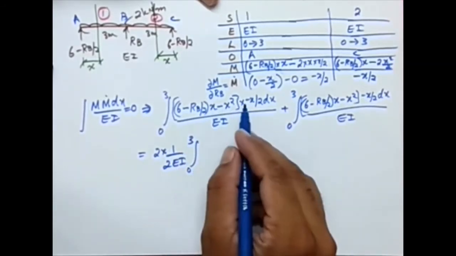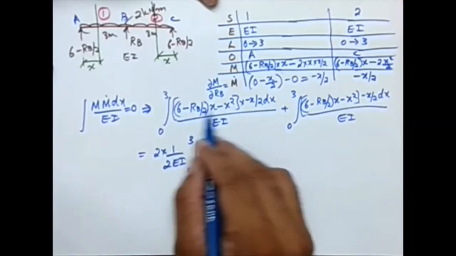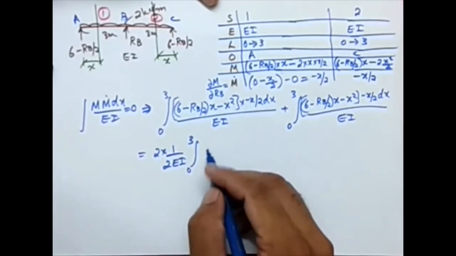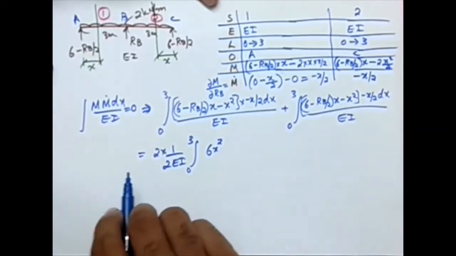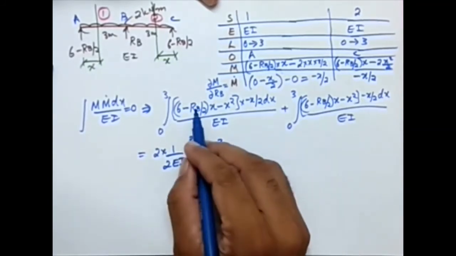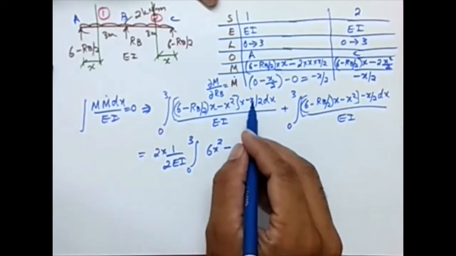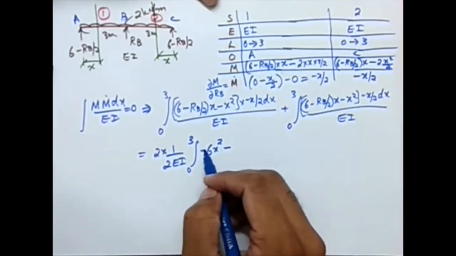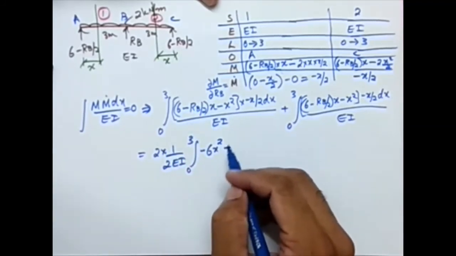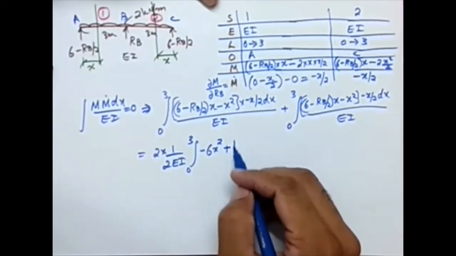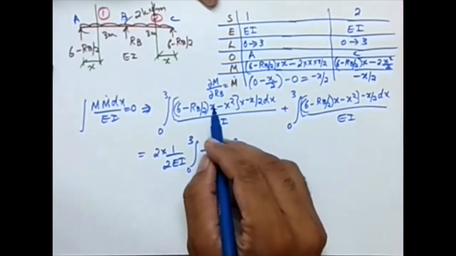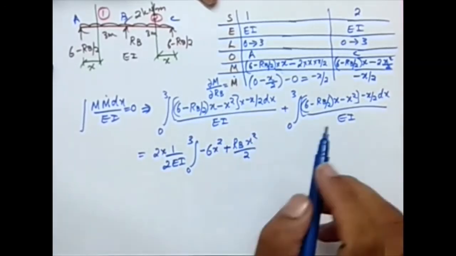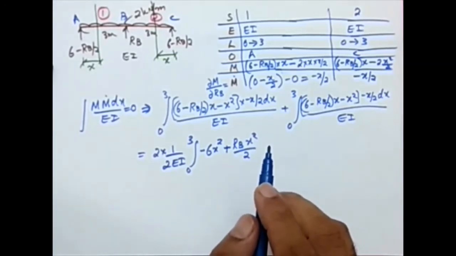I'm multiplying everything together. So 6x, another x, so 6x square minus Rb by 2 into x multiplied by x. There is a minus x. Okay, we forgot to put minus here. So minus 6x square, minus of minus becomes plus Rb x into x, that is x square by 2.